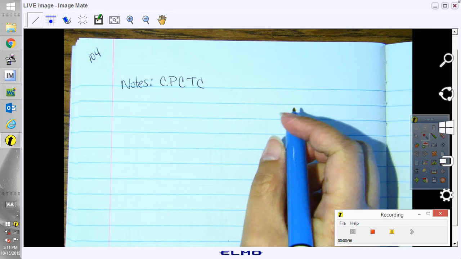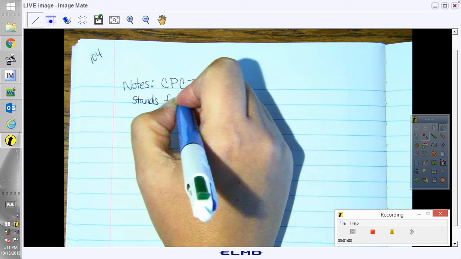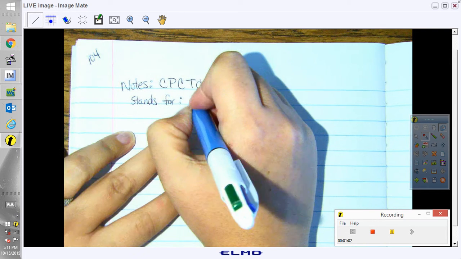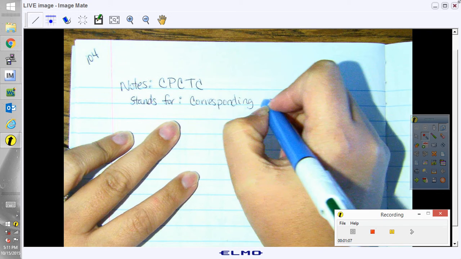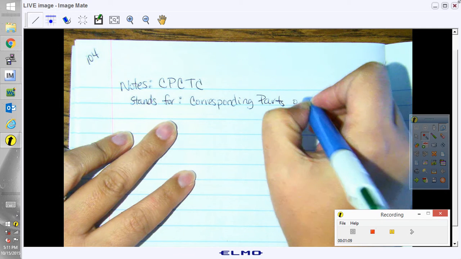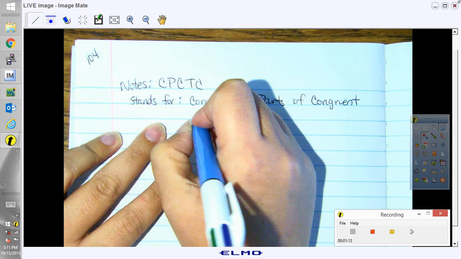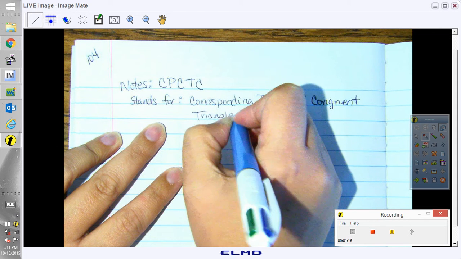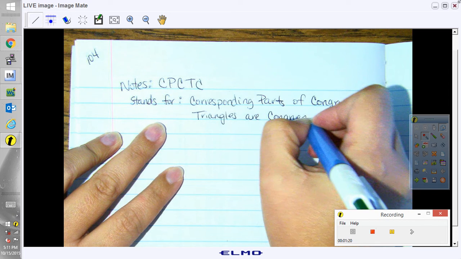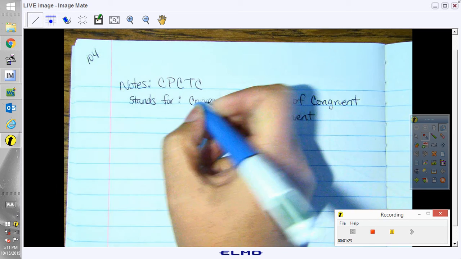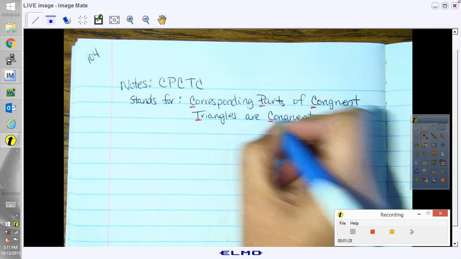Okay, what this stands for is corresponding parts of congruent triangles are congruent. And you see that we get the CPCTC from this long sentence here.